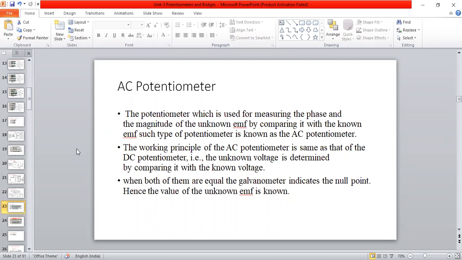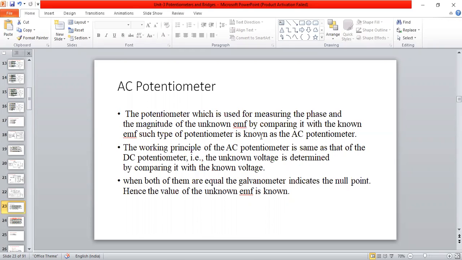The AC potentiometer is used for measuring the phase and magnitude of the unknown EMF. In DC we were measuring only the magnitude, but here the phase also we have to measure, phase and magnitude of the unknown EMF.